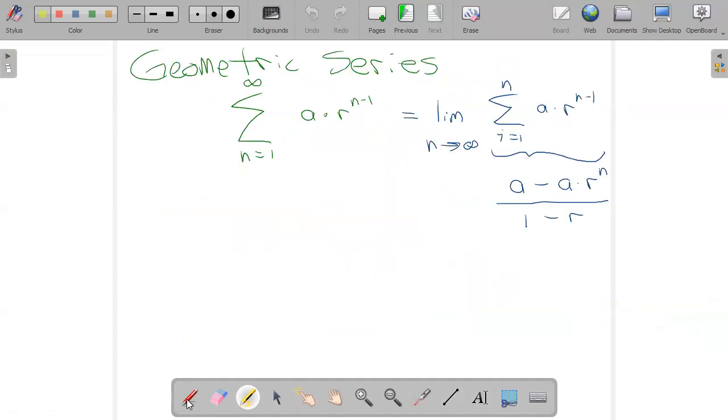And what we want to know is, in general, what is the limit as n increases of things that look like this? The only place there's an n is this term right here. So the answer to this question boils down to thinking back to a geometric sequence.